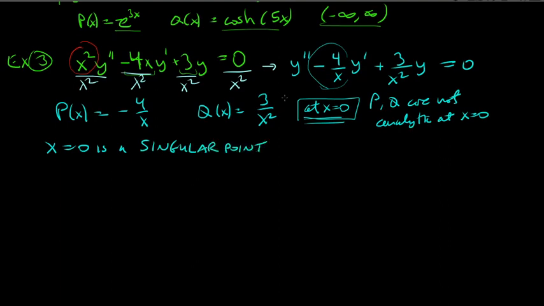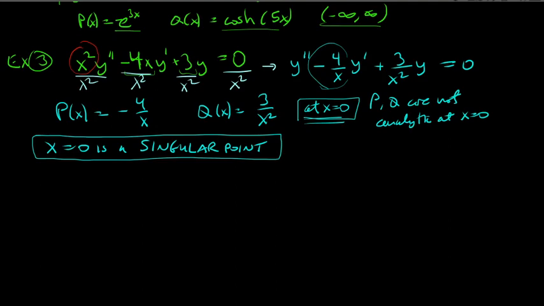Sure, x equals 1, x equals 2, x equals negative 5, those are ordinary points. So x equals 0 is the only singular point for this equation. Unfortunately, that's the one we care about the most, because there's no reason to put the center at x equals 5, let's say. Typically we want to use x equals 0 as the center of our series.